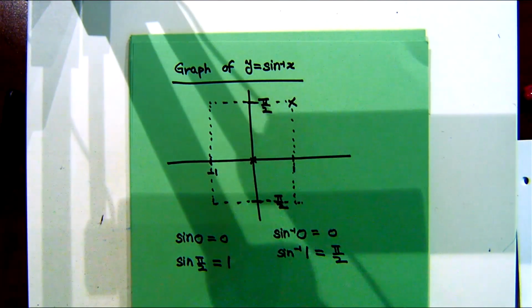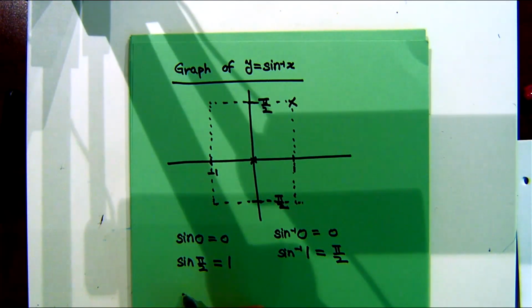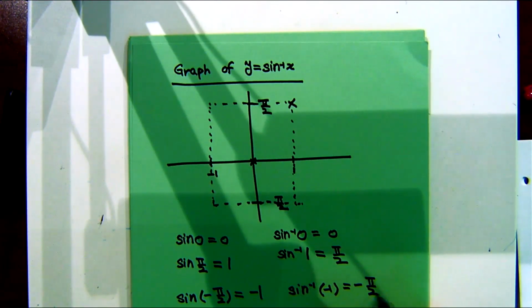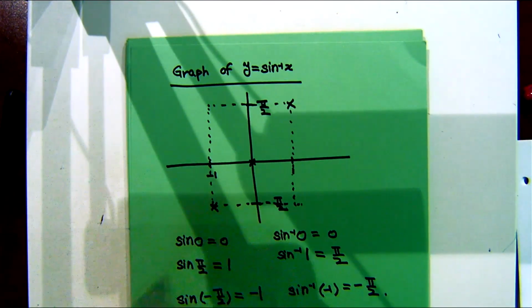So it passes here. And the sine of -π/2 equals -1. Therefore, sine inverse of -1 is -π/2, right? So it goes like this, but it is not a straight line. What happens here is we switch the input and output because that is the inverse function. That means we switch the x and y values.